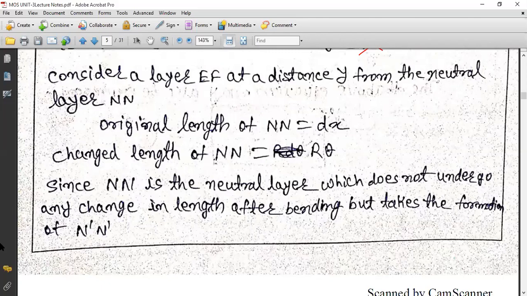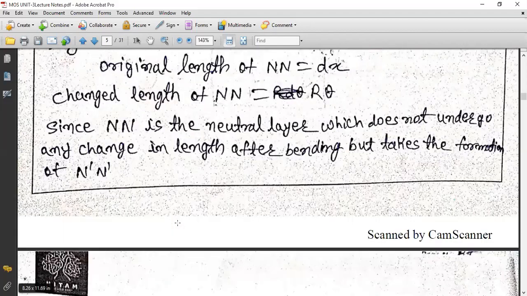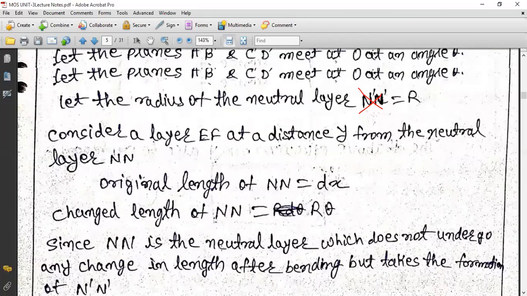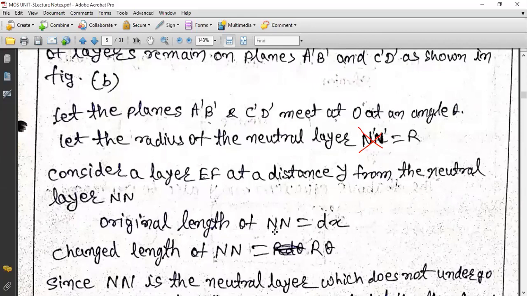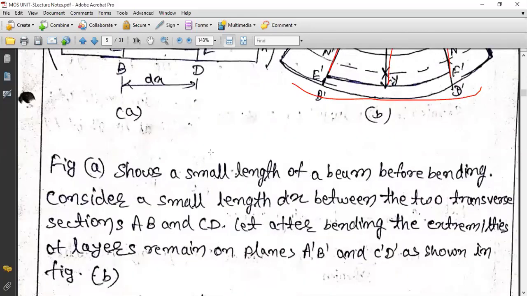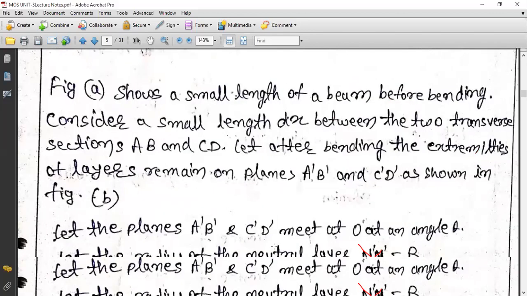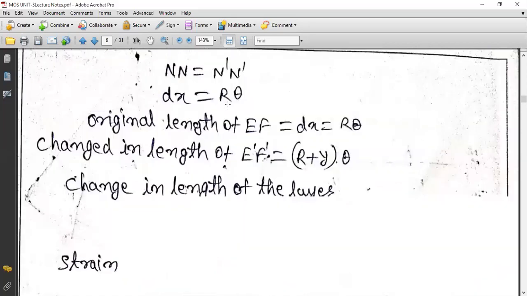So dx is equal to r theta. The original length of NN is dx, and the changed length of NN after bending is r into theta. So dx is equal to r into theta.